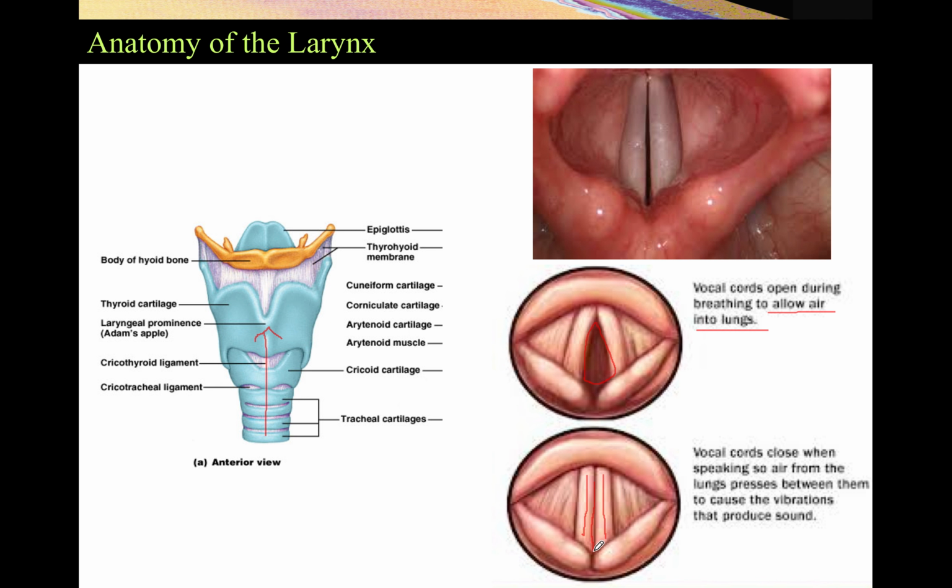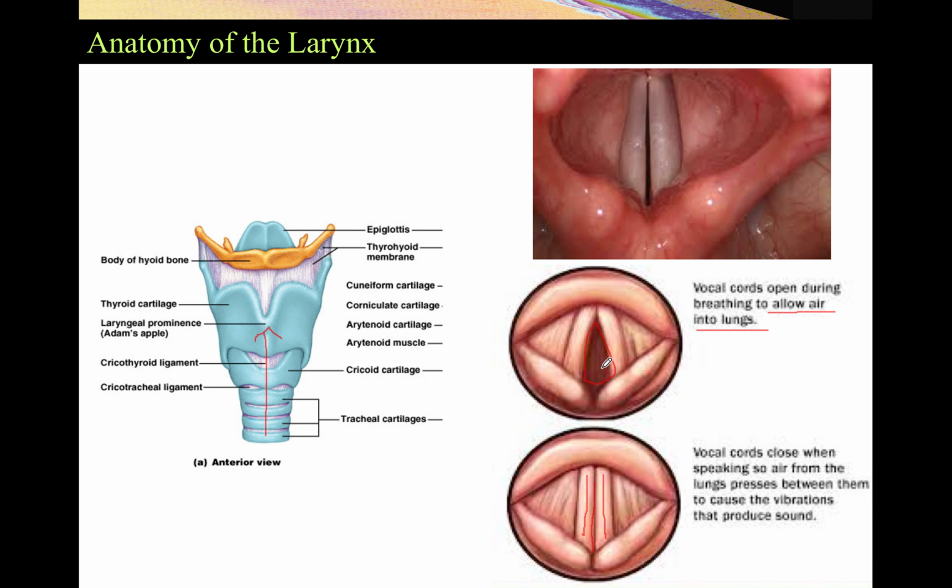Now, as the air is trying to escape through the gap, which is your glottis, it causes vibration of your two vocal cords, and that vibration gives you the ability to create sound. So, reviewing this one more time. When you are breathing air in and out, your two vocal cords are apart from each other, keeping the glottis open for easy flow of air.